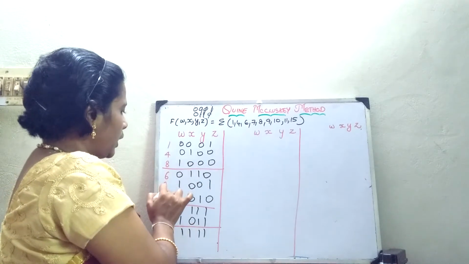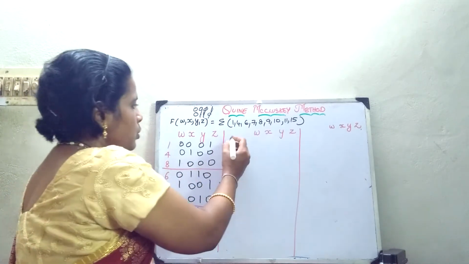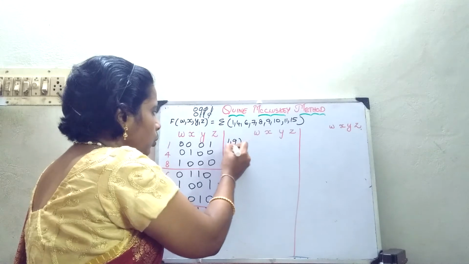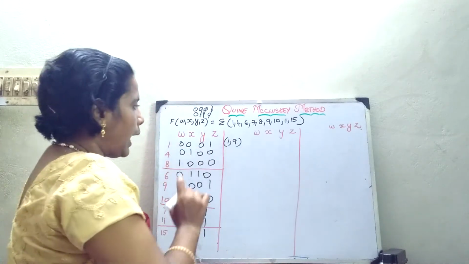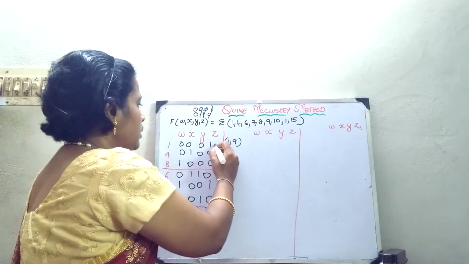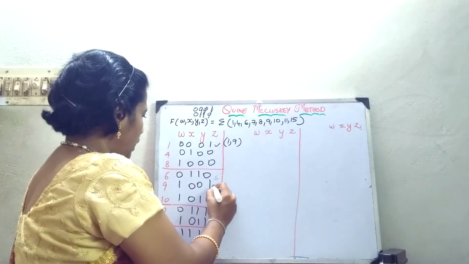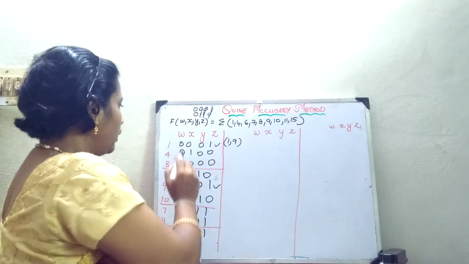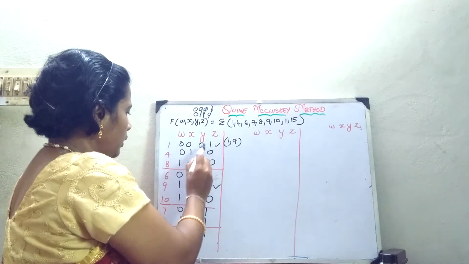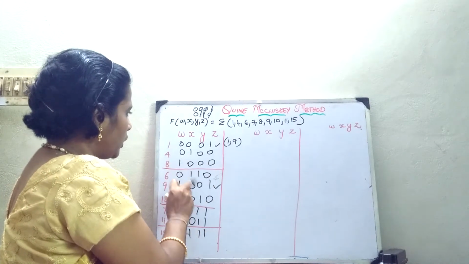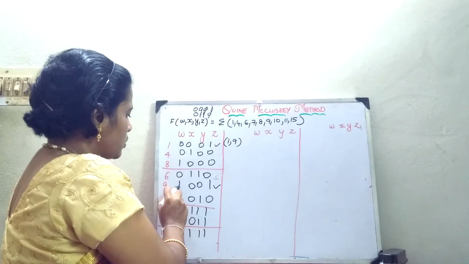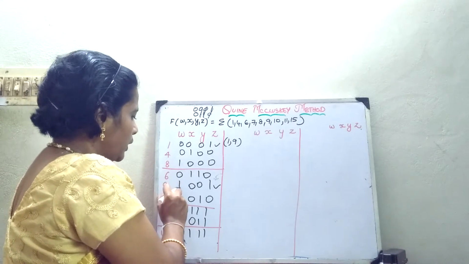Then you come to 1 and 9: can it be done? Yes. Whatever terms you can combine, you write here, and immediately the main thing is you should put a tick mark. 1 comma 9: what have I done? 0, 0, 0, 1 compared with 1, 0, 0, 1. Only the first bit is changing.